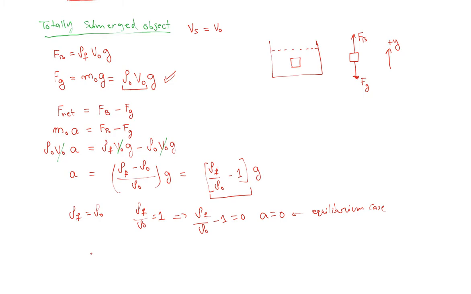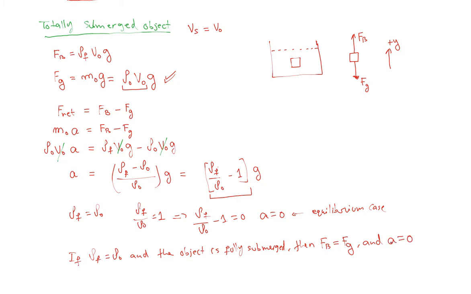So we discover a very important thing, that if rho fluid equals rho object and the object is fully submerged, then the F net equals 0, which basically means that buoyant force equals the gravitational force, and they cancel each other. And because these two forces are equal, the net force is 0. It means the acceleration of the object is 0.